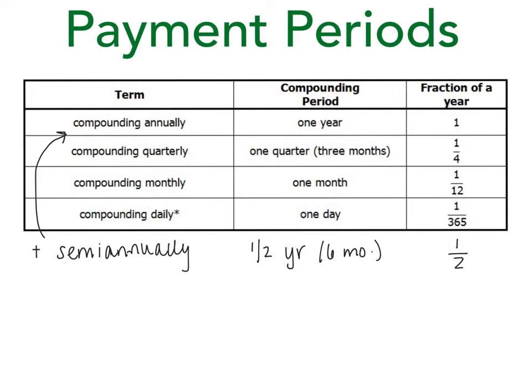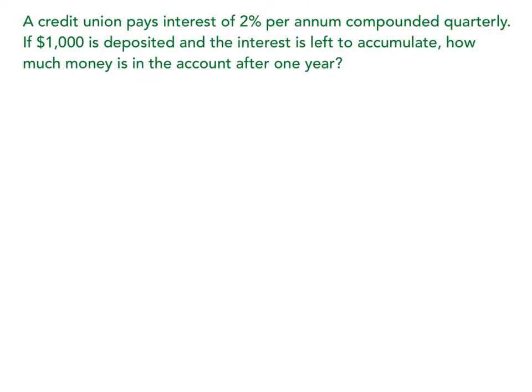which is 1/2 as a fraction. So if I take a look at this example that says a credit union pays interest of 2% per annum, which is really just per year, and it's compounded quarterly. If $1,000 is deposited and the interest is left to accumulate, how much money is in the account after 1 year? So essentially, I just want to know how much money I'm going to have in the bank after a year using this kind of interest model.